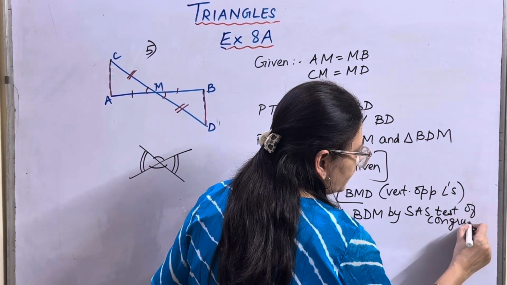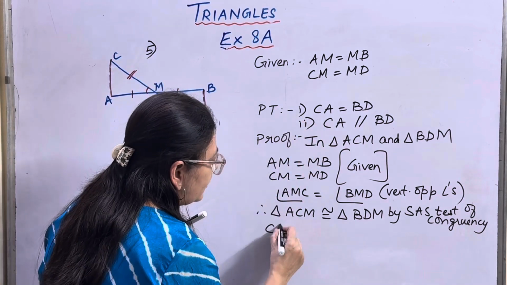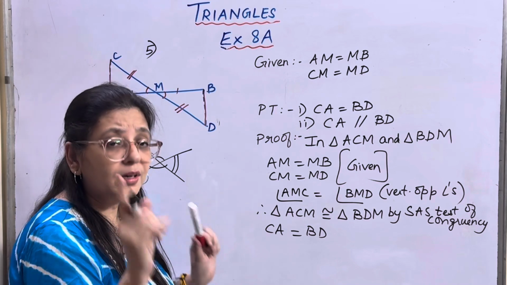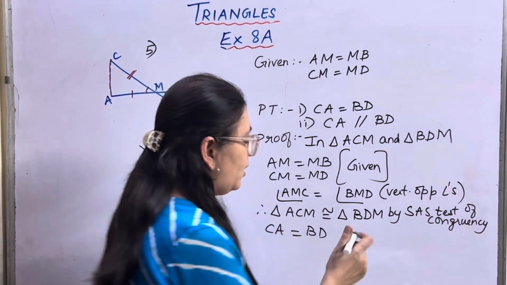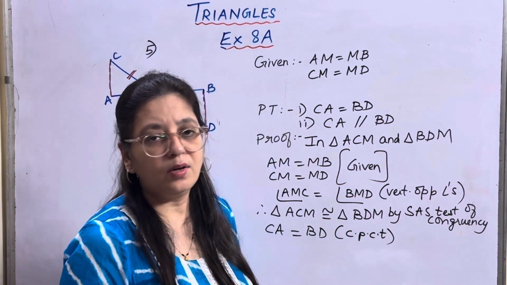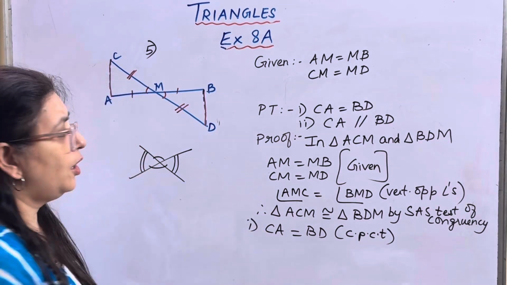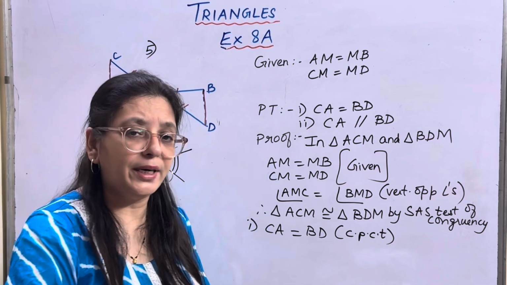Okay, so we say that CA is equal to BD. What is the reason? Corresponding parts of congruent triangles are equal. I will write here the short form CPCT. Now this is the first thing that you have proved. You have to prove that CA is parallel to BD.